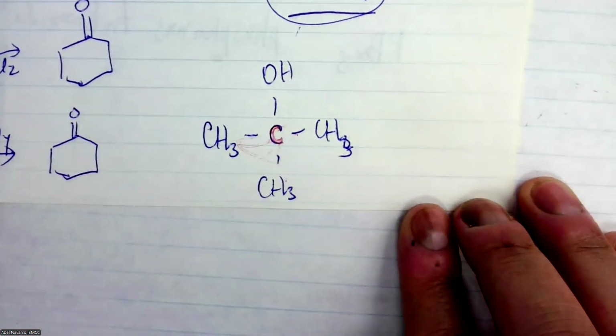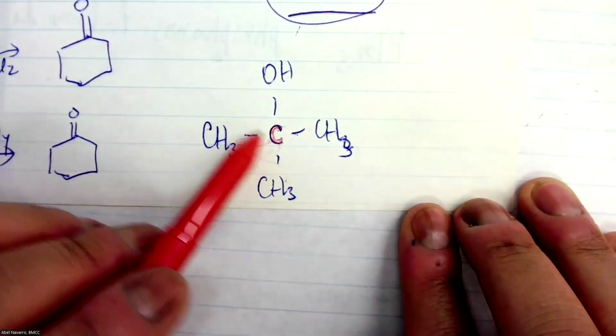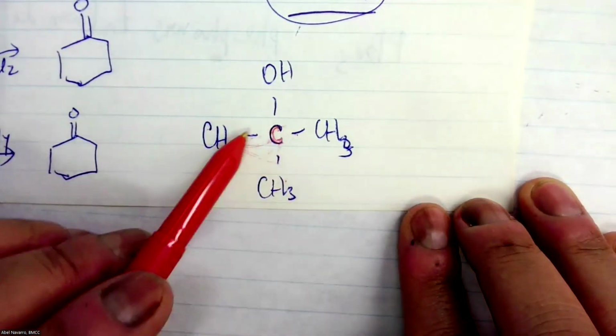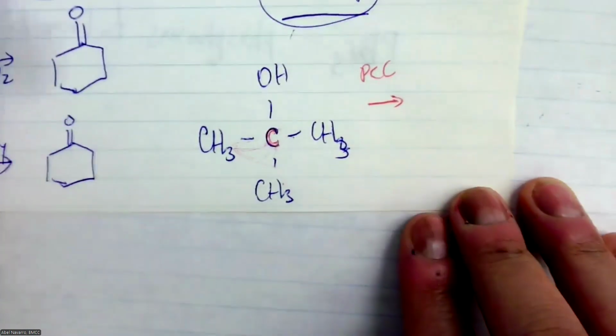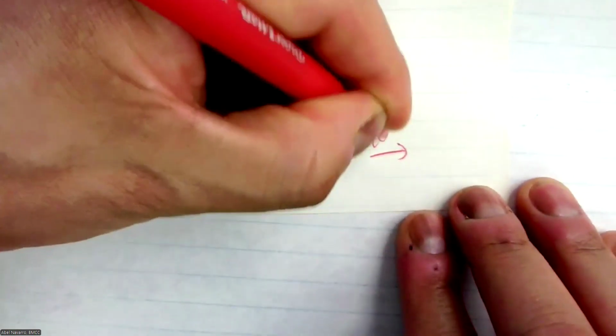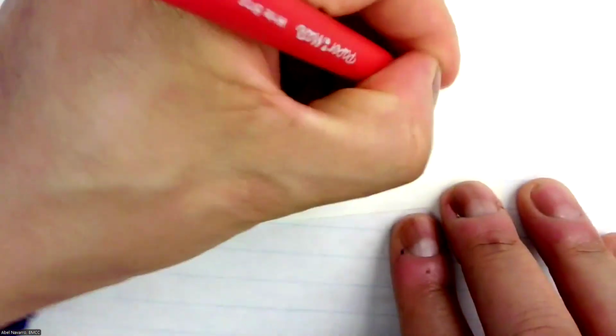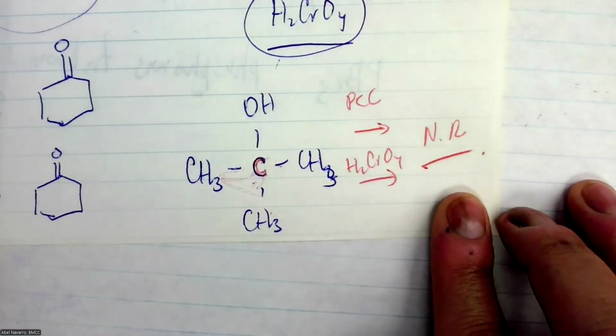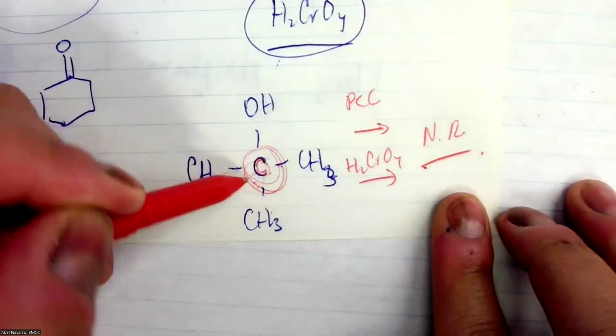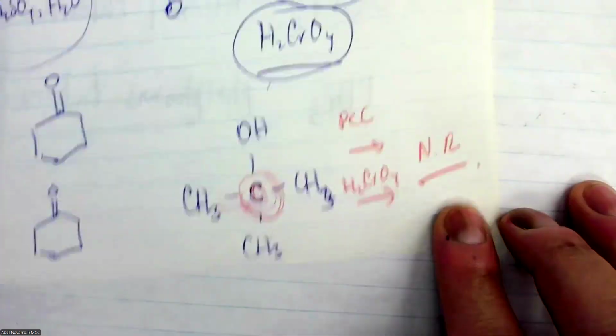You lose hydrogen bonds or you gain oxygen bonds. In this case, you need to lose hydrogen bonds, but you don't have any to lose. So even if you use excess PCC, even if you use excess chromic acid, it will give you no reaction. It will not oxidize if it's a tertiary alcohol, because there is no hydrogen to lose. Okay, that's something that we need to remember.